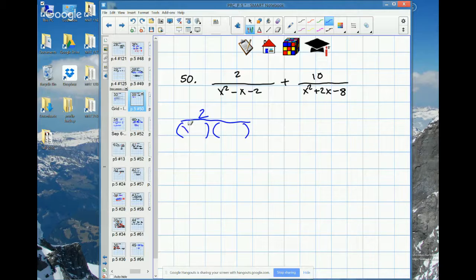We know it's x and x, right, to make x squared. And then I need the last term, -2. Two times 1 is 2. Will that work? So in other words, I have a product of -2. Do I really have a sum of -1 like I needed to have? Yeah, I do.